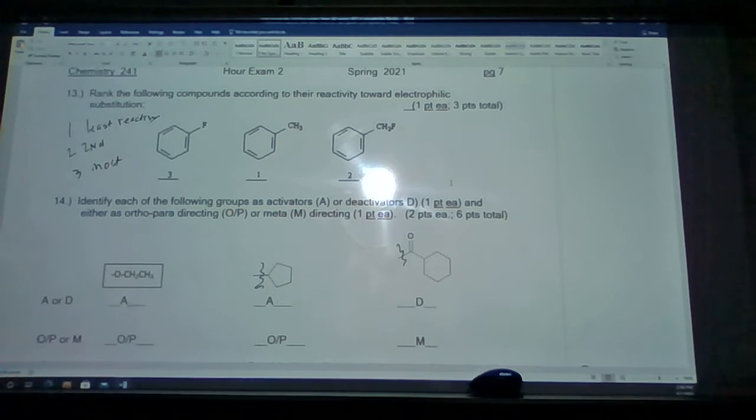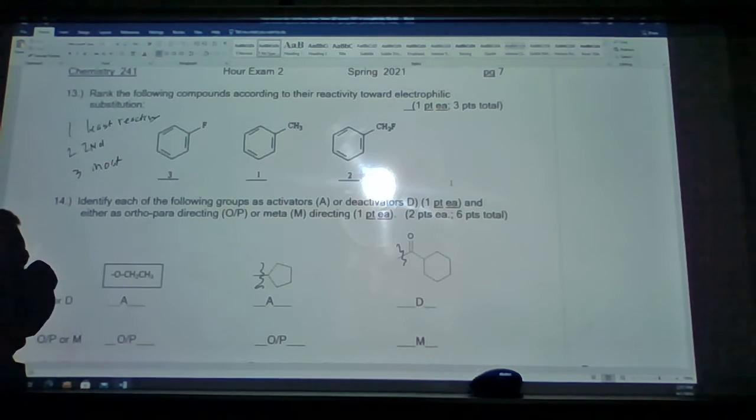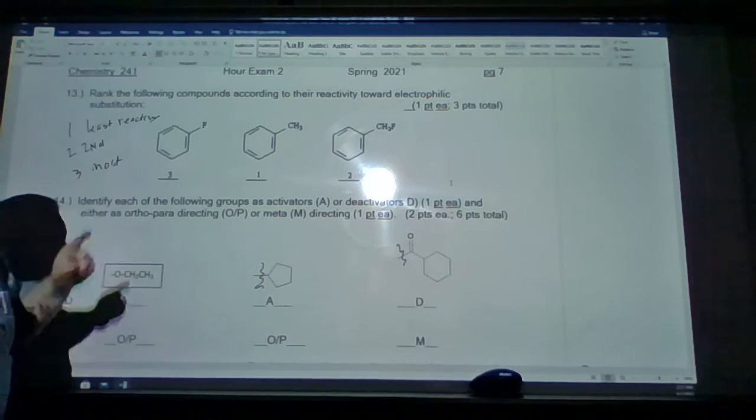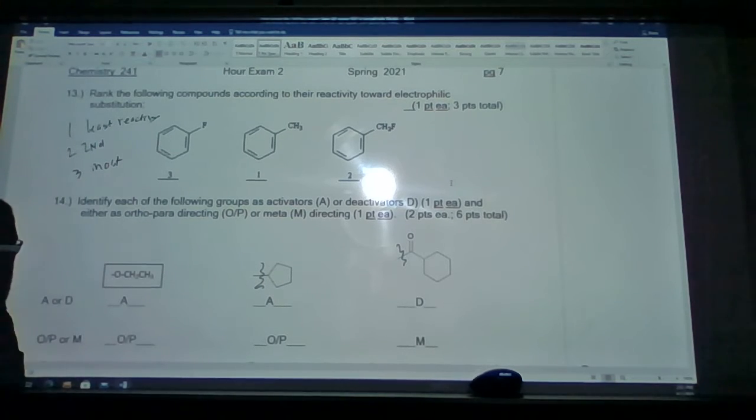Halogens directly attached to the ring are ortho-para directors. So these dump electron density into the ring. These activate the ring. So since this fluorine is directly attached to the ring, this is most reactive.